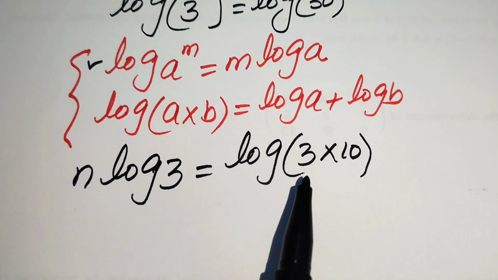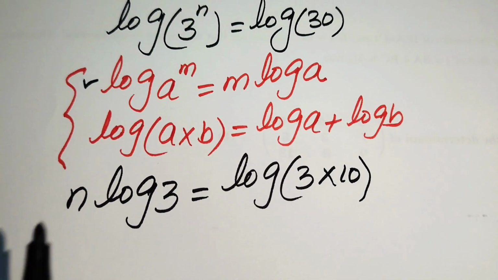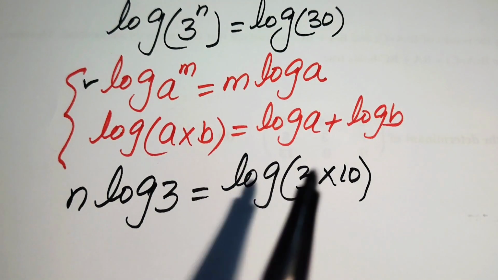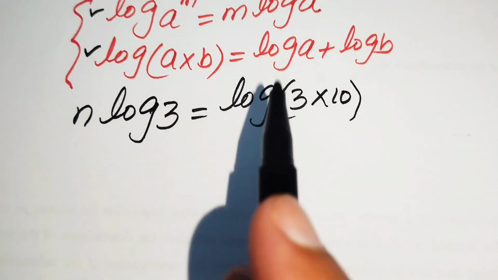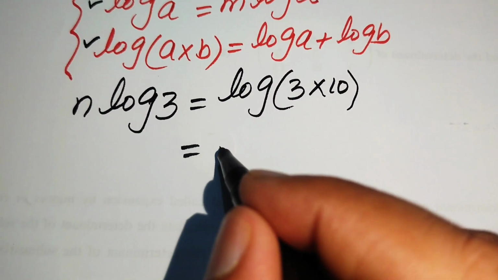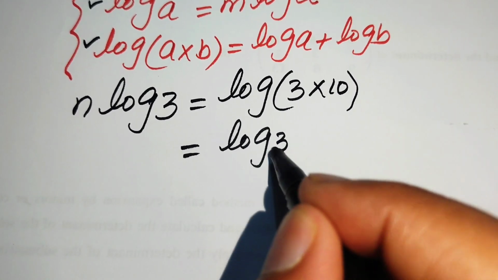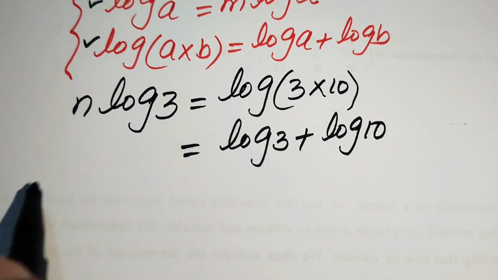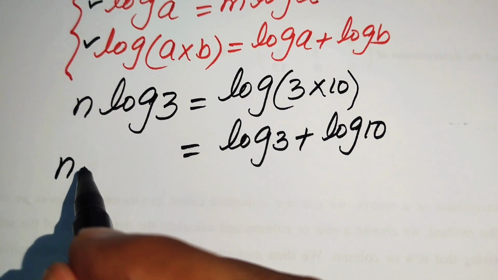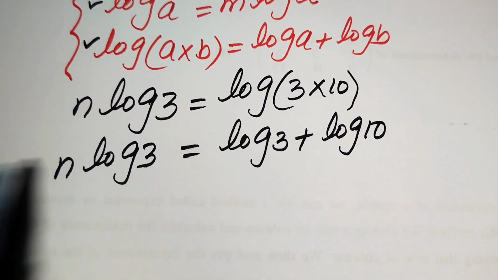We know that 3 times 10 becomes 30, so we write log 30 in this form. After that we use this nice property of log, and the right hand side is written as log of 3 plus log of 10. But on the left hand side we have n times log 3.